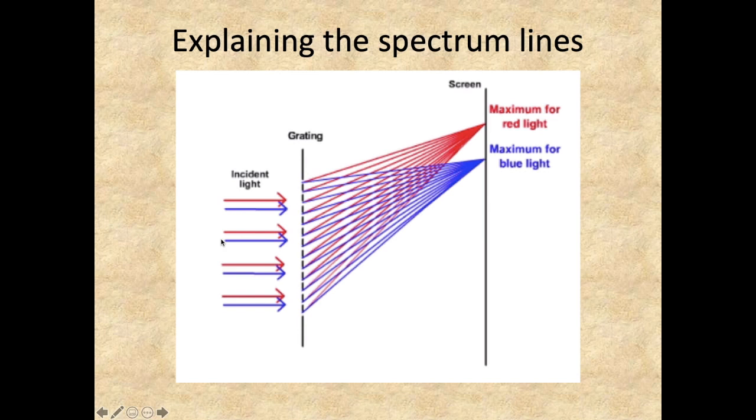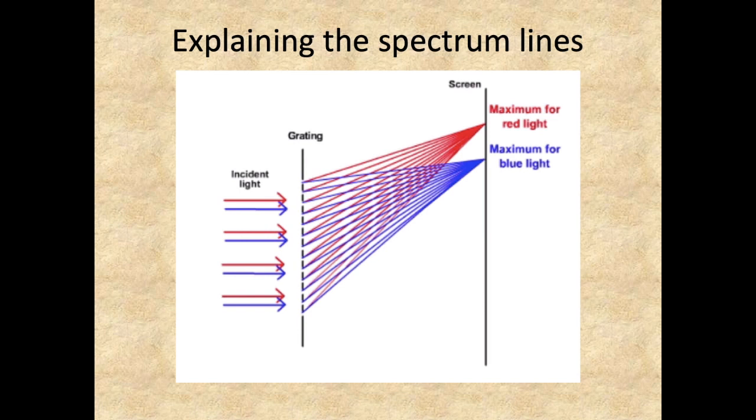When white light goes through a diffraction grating, each of the individual points between the lines acts as a single source, and a maximum forms, just like the two-source interference pattern did, at a certain angle depending on the wavelength of the light. If you're using monochromatic light, you would be seeing the maxima for those colors.